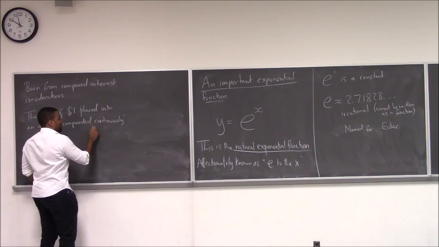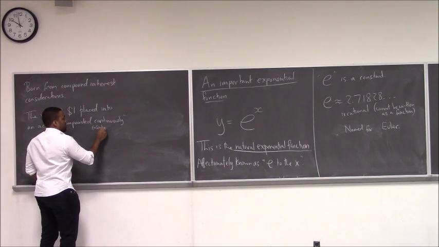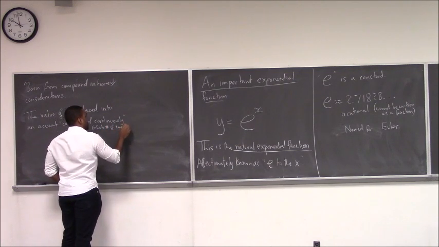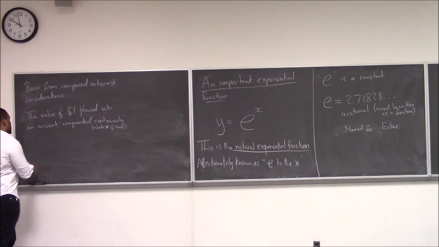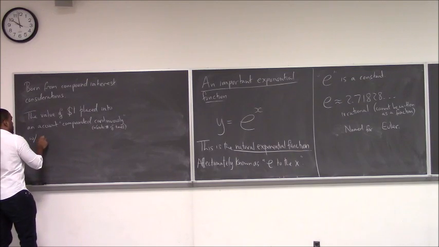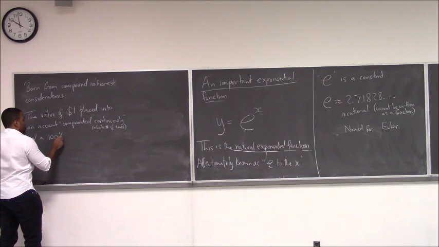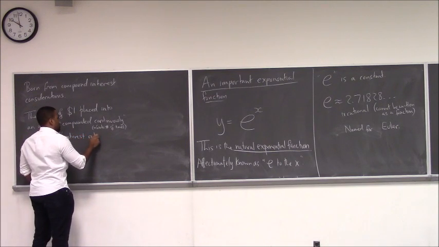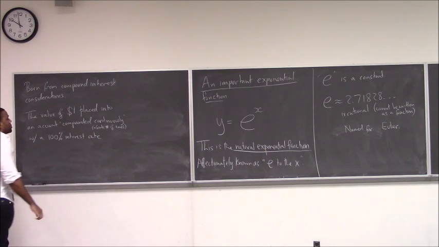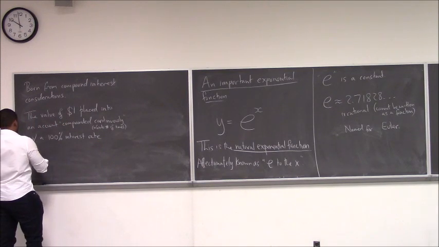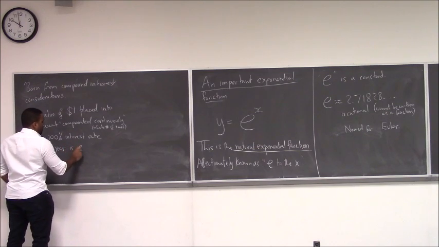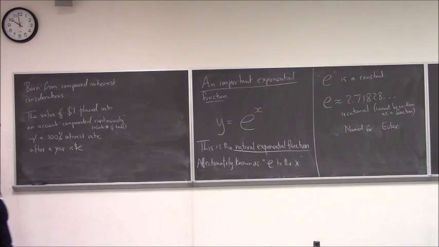This means an infinite number of times, with a 100% interest rate. And that would be the value, because you'll have E dollars in this account.